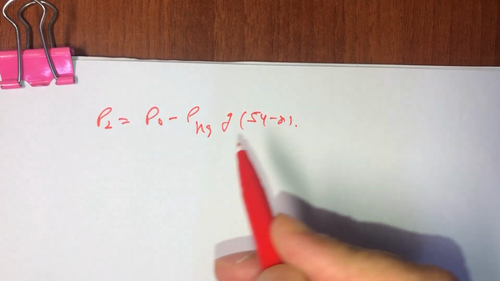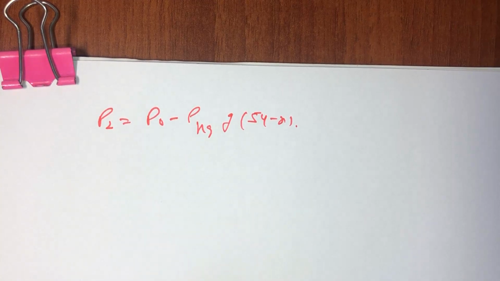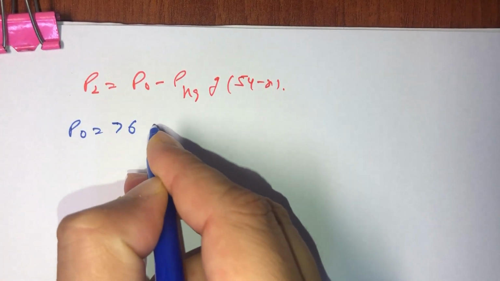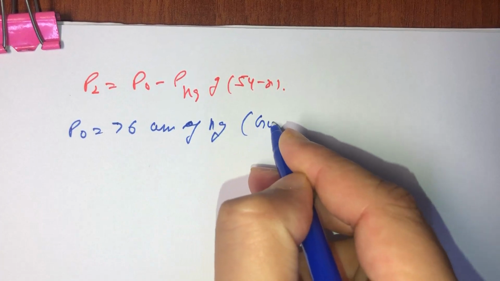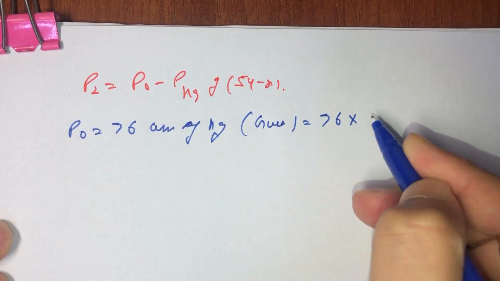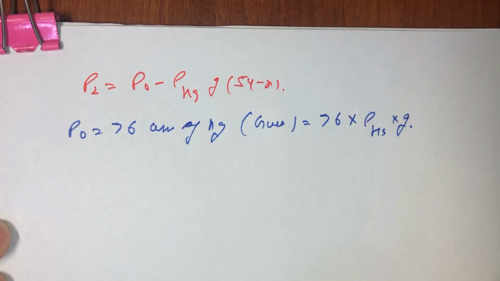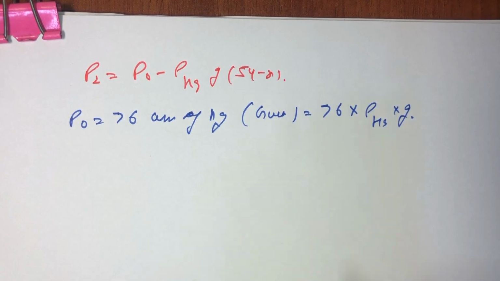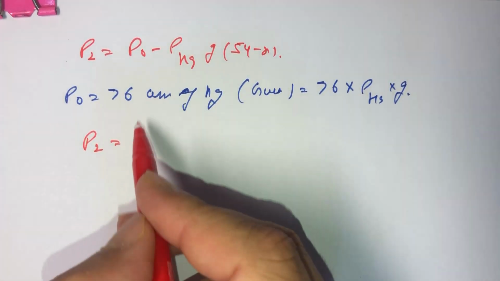And the P0, in the question itself, it is mentioned that it is 76 centimeter of mercury. So P0 is equal to 76 centimeter of mercury. It is given to us. So we can write P0 will be equal to 76 multiplied by the density of mercury multiplied by G. So once again, let us substitute it here. We get P2 is equal to rho Hg, we can take as common.